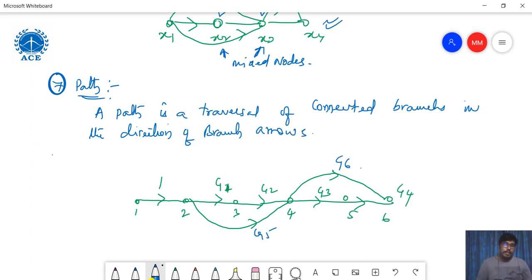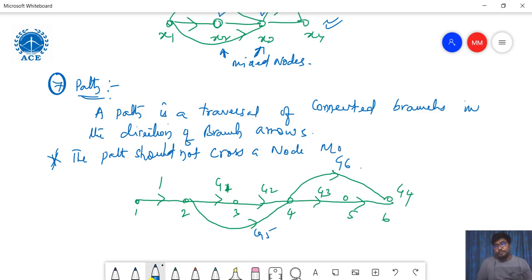And the major point: the path should not cross a node more than once.